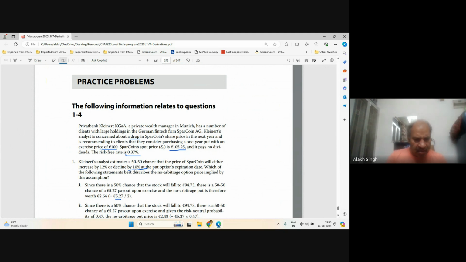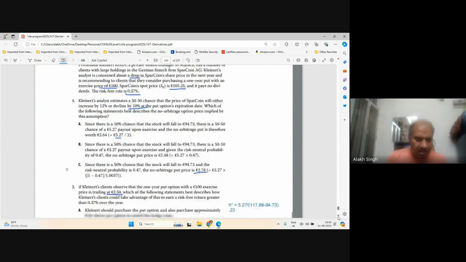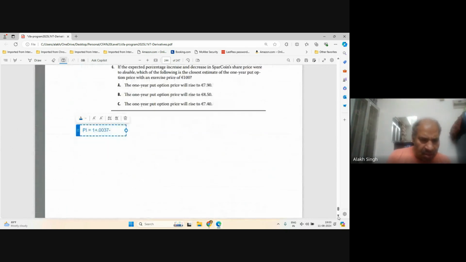So RD will be 0.8 because it will double, so 20%, so 0.8. Let's calculate it. Minus 0.8 divided by 1.24, because that was 12%, minus 0.8.